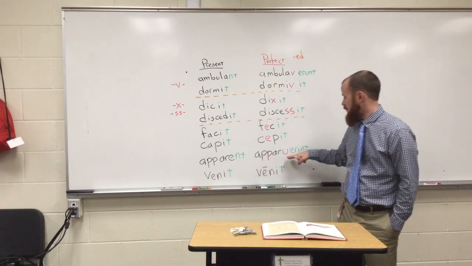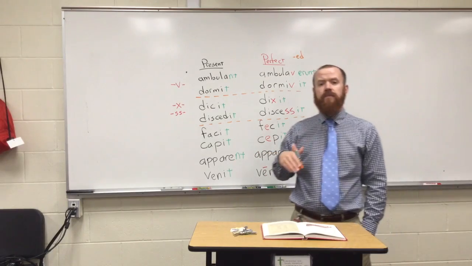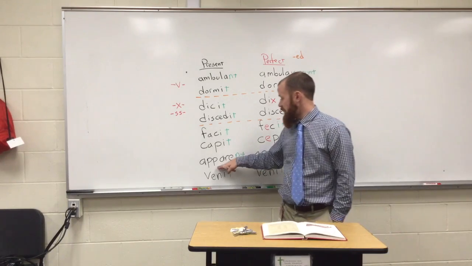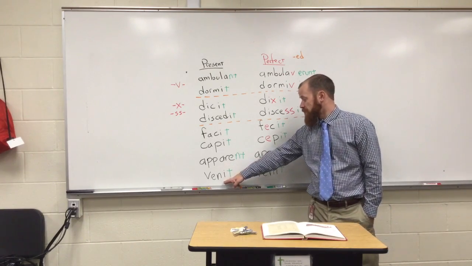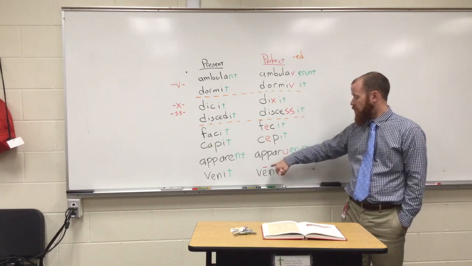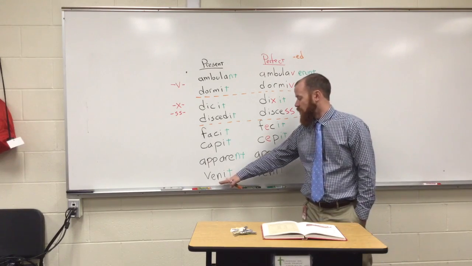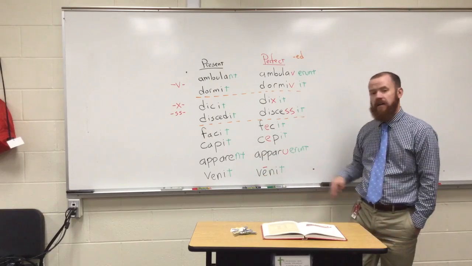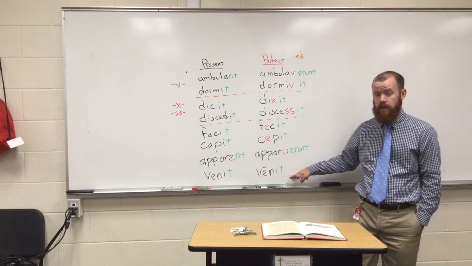That we added in, changed this E to a U. So from they appear to they appeared, all right? Then venit, where it barely changes at all. All that happens is they add this macron over the E. So he comes to he came, all right?